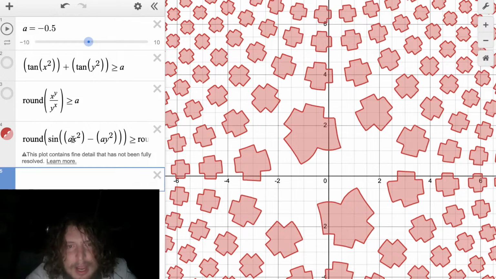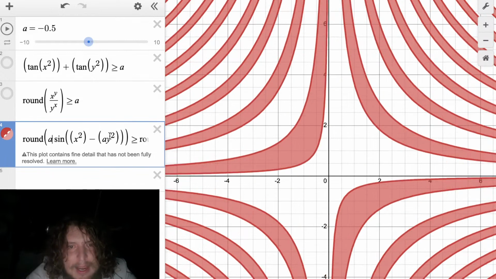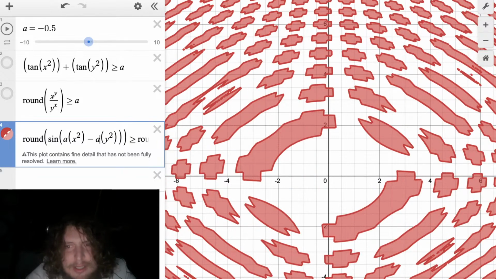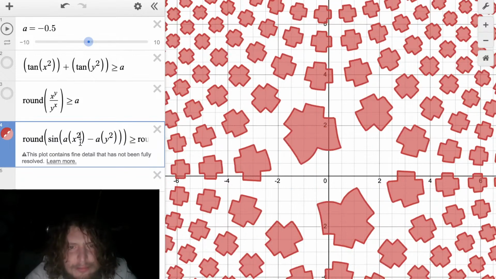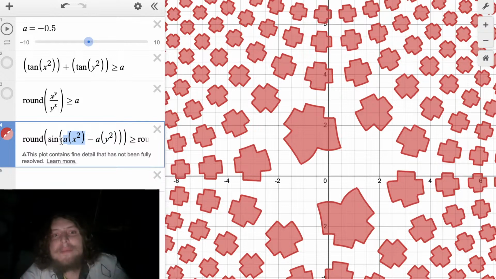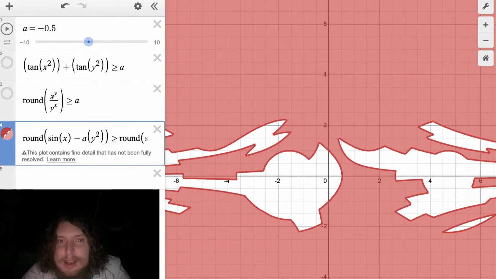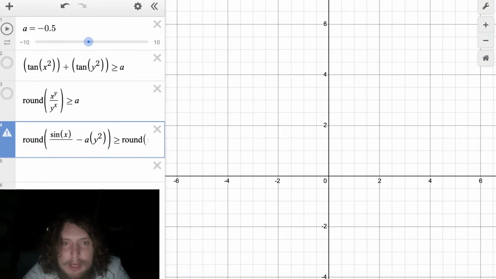Well, what happens if we put the A out here instead and just hide the A over there? Well, no, rounding the multiplying of A won't be as interesting. We'll put the A outside these for a moment again. Now, what are some other things we can combine here? Well, I think we should just try similar combinations to before, but what I'm going to try this time that's a little different is we're going to have two fractions.